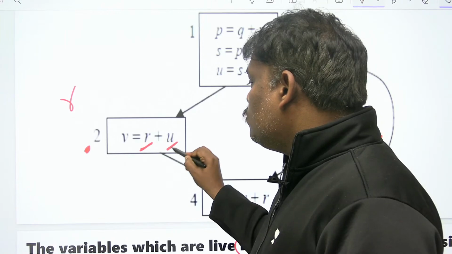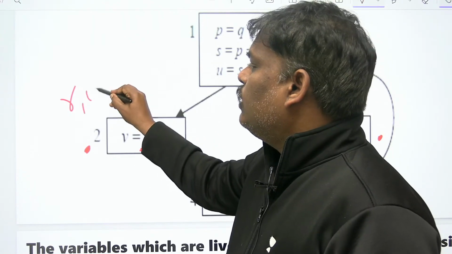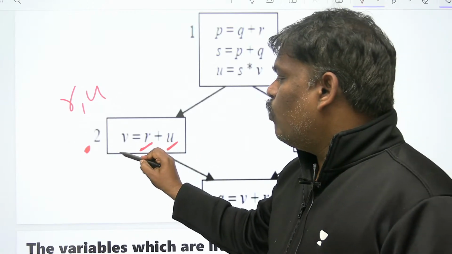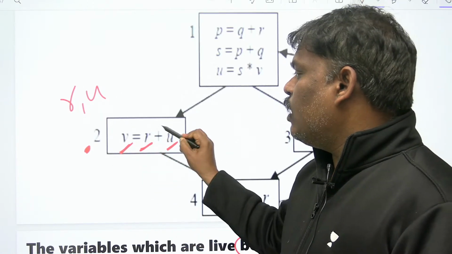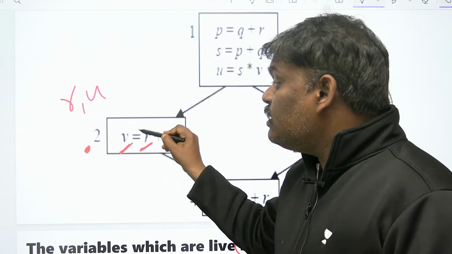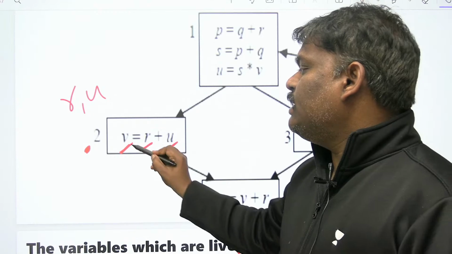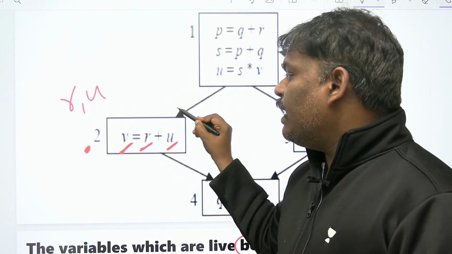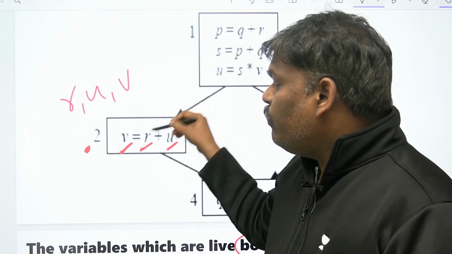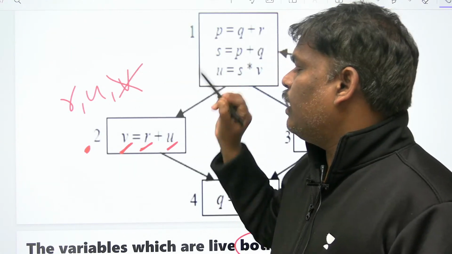This one is also alive. What about V? V is not used here and V is changing, so it cannot be live. V is dead immediately, since it is not used at the second place.